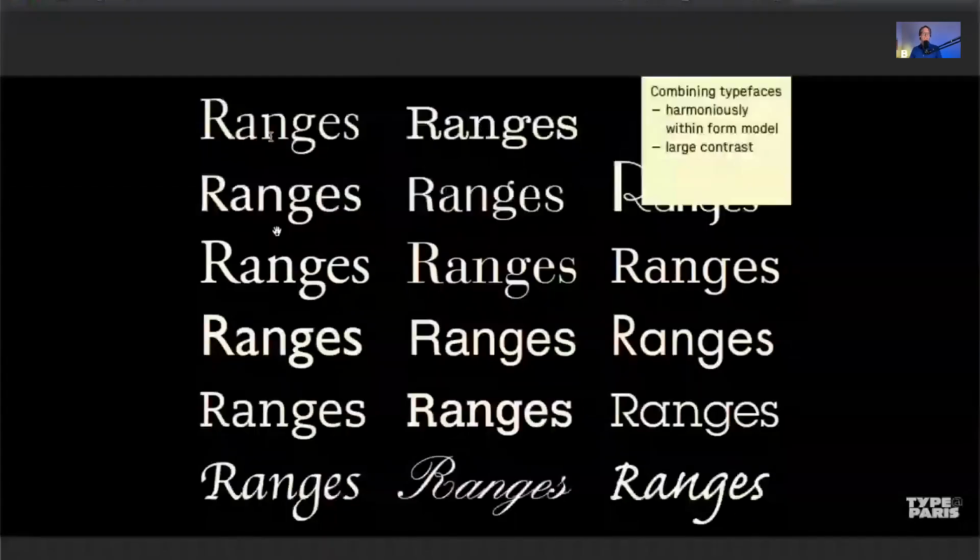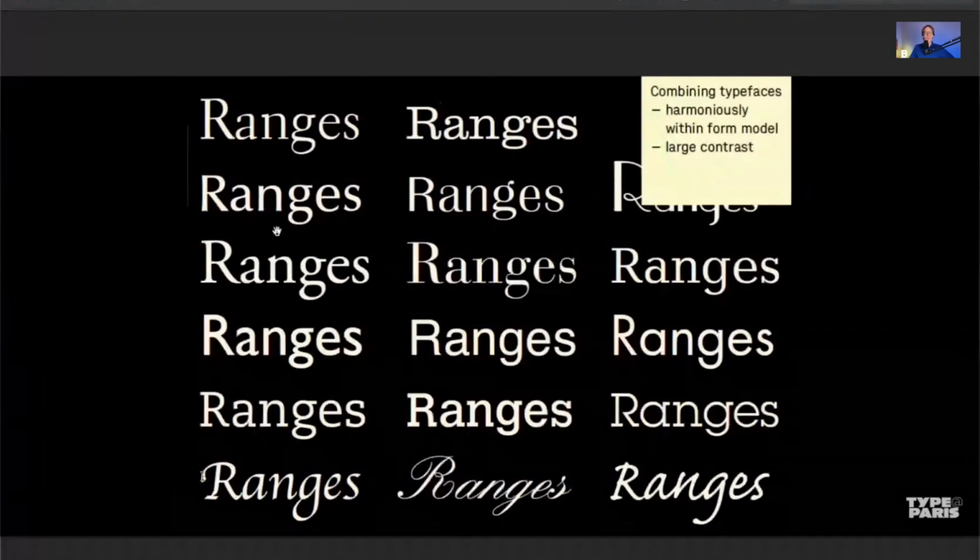Yeah, how does this affect scripts? She uses the word ranges. I think megatypos is much better. But no, ranges is fine because you have the same form models in a shorter word. But I want to stick to megatypos, have to brand it here on my side. But you can also think about the tool it was written with. This is just a snippet, as I said, more complex.